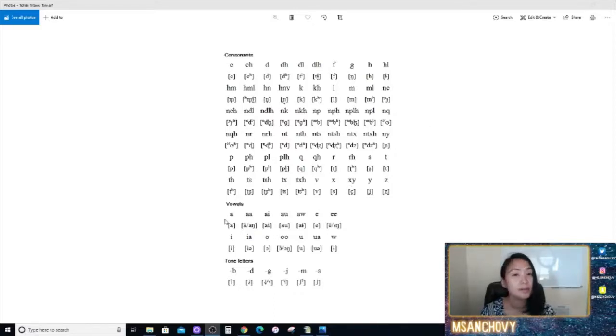So we have now finally gotten to our vowels, which is our second characters. We have 5 of them: A, E, I, O, U. Okay, so those are the main ones.